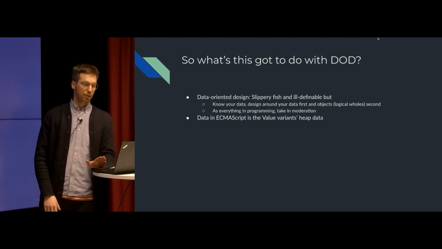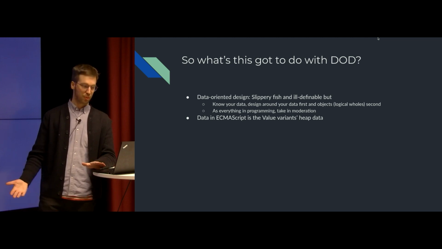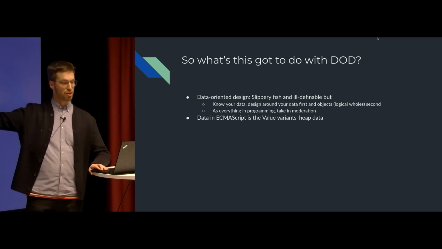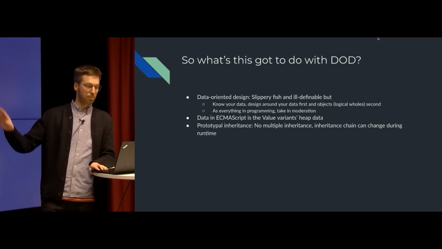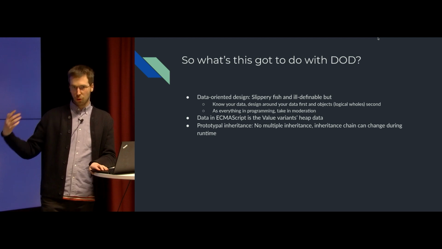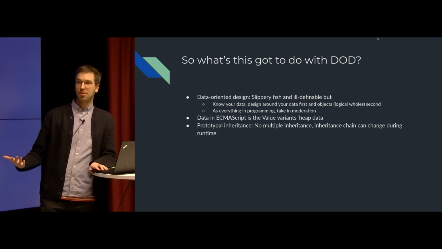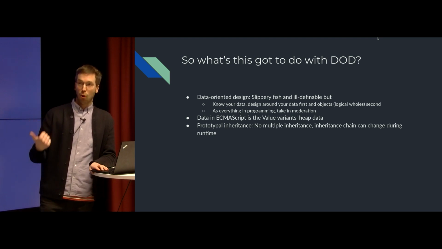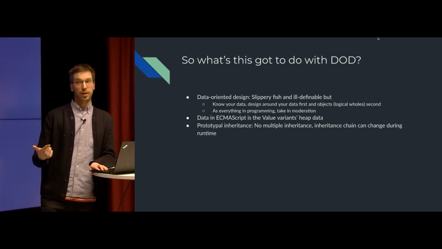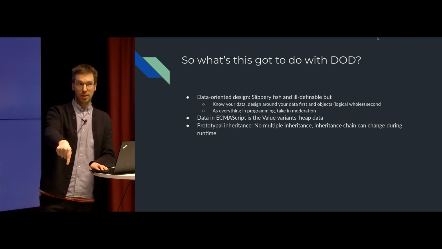So let's look at how data works in ECMAScript. Of course, data in ECMAScript is just the values and the heap data for that. There's prototypal inheritance in ECMAScript. There's no multiple inheritance, but the inheritance chain can change during runtime in actually two different ways. Your object can change its prototype at will, but also somebody can go change the prototypes that you are inheriting at any time.